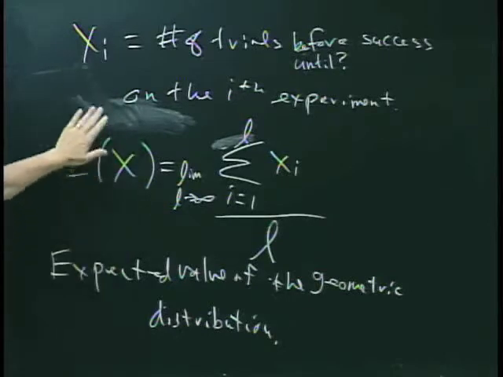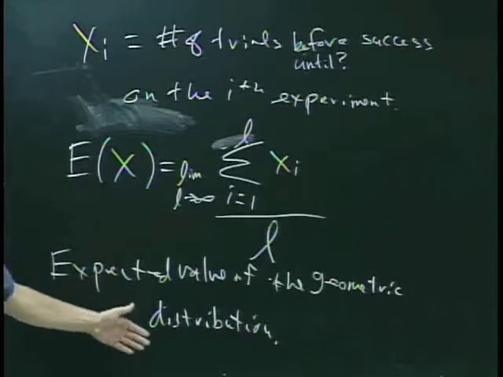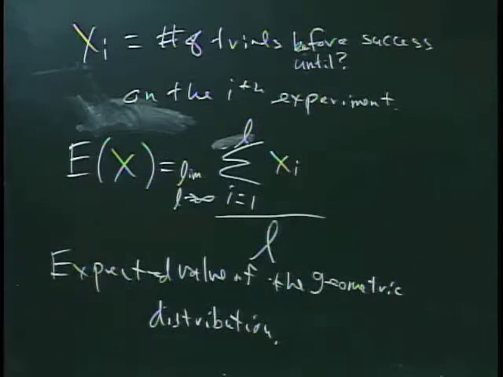Okay, this is a mathematical definition of expected value of the geometric distribution. So let's see if we can figure out what that is. It's going to be a function of p, of course. That's the only real parameter in there.